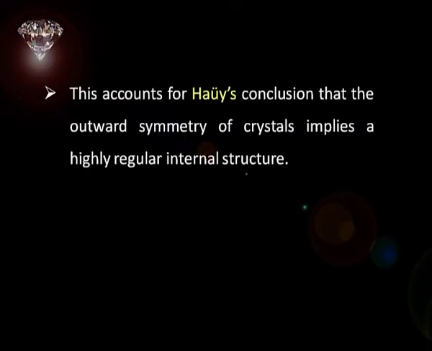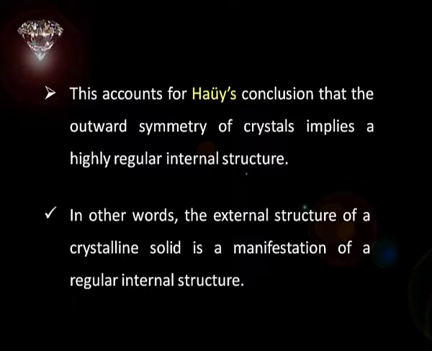Because what Bravais tells us is that the internal structure of a crystalline solid can be represented in terms of a lattice, and the lattice can be given in terms of unit cells. So, there are 7 primitive unit cells. What we know in the macroscopic domain is that there are 7 crystal systems. So, there is a 1-to-1 correspondence. In other words, the external structure of a crystalline solid is a manifestation of a regular internal structure. That is what Hauy said centuries back.